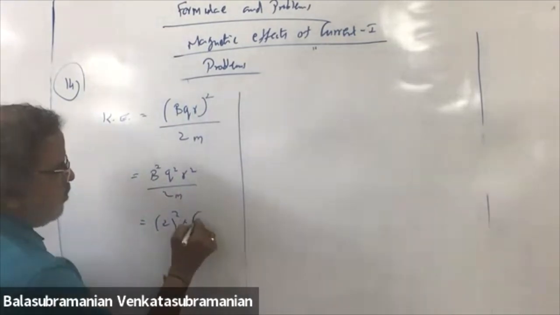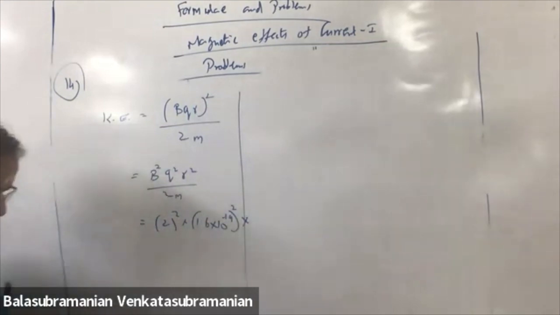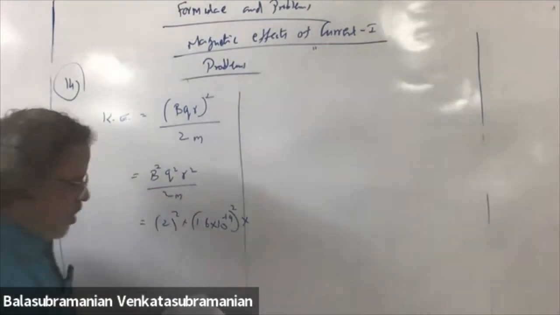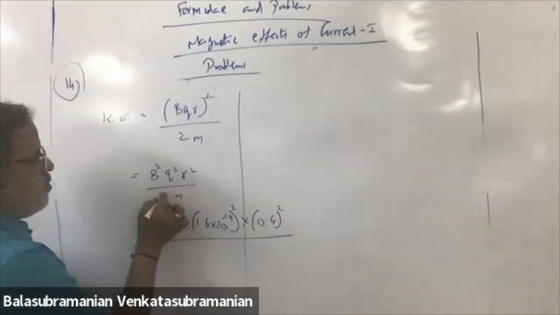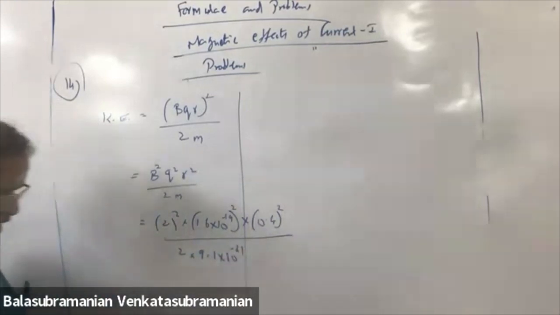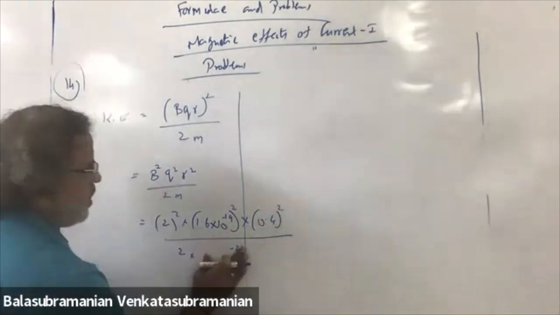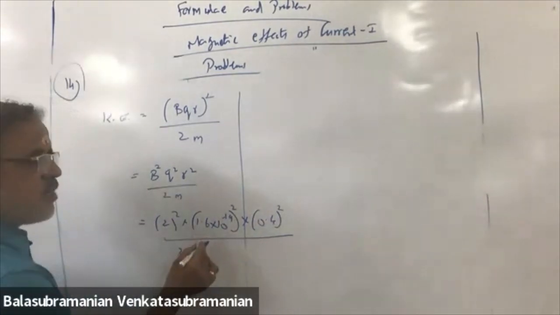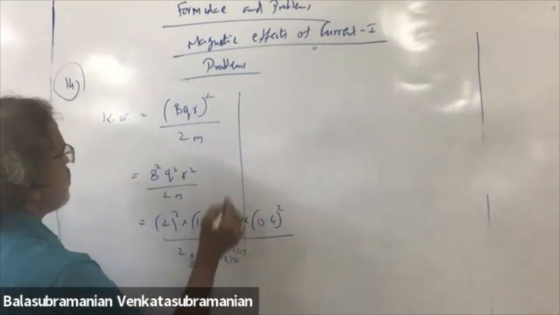Q, charge of an electron, 1.6 10 power minus 19, the whole square. The radius is 40 centimeter, that is 0.4 meter, by 2m. Mass of the electron is 9.1 10 power minus 31. The question given here is proton, so the proton mass you have to substitute. Charge is the same as that of an electron. Mass is 1.67 10 power minus 27.